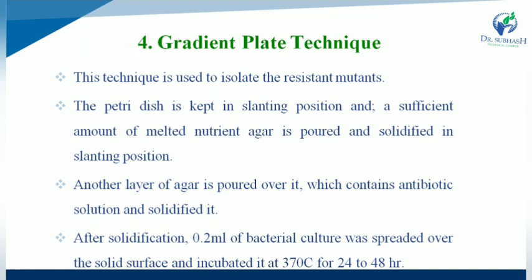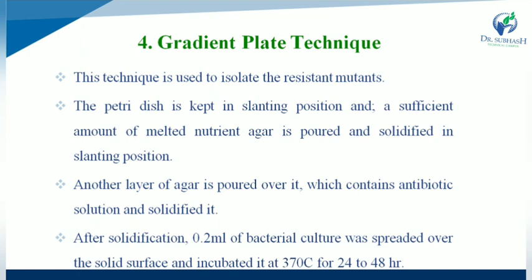So the first step in the gradient plate technique is to take one petri plate, keep it in a slanting position, and add a sufficient amount of melted nutrient agar, and it is solidified in the slanting position. After the nutrient agar solidifies, pour another layer of nutrient agar over the solidified agar present in the slanting position, which contains antibiotic solution.